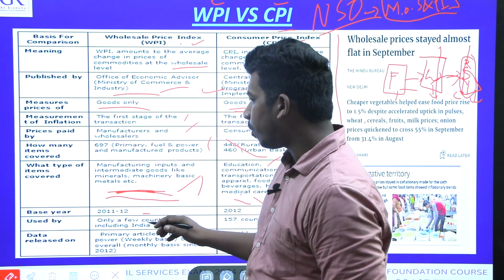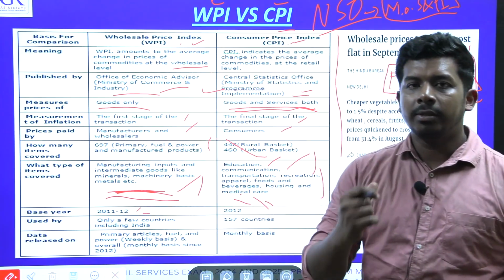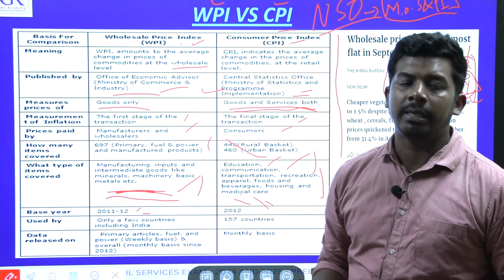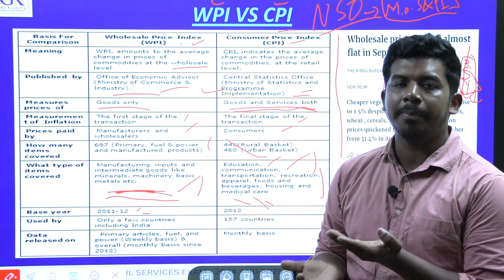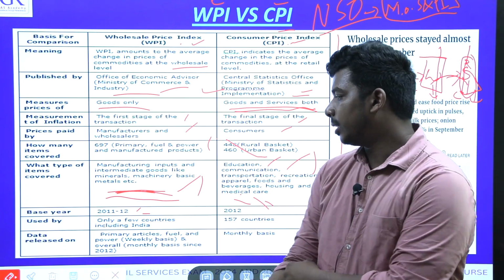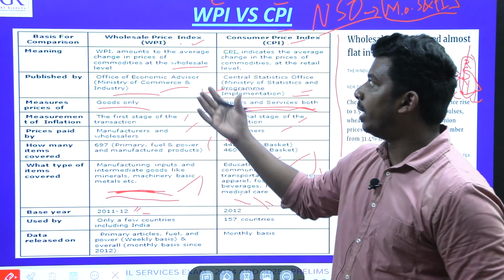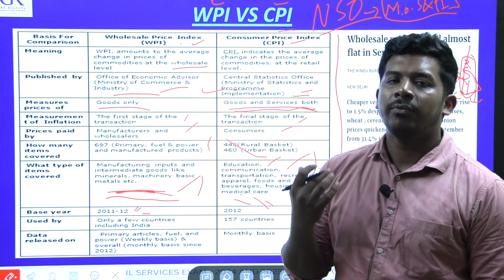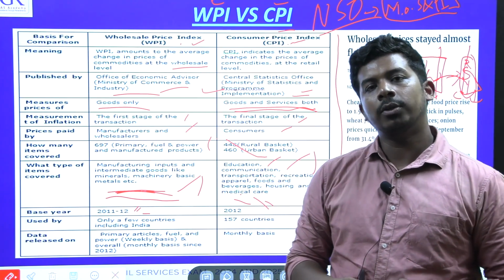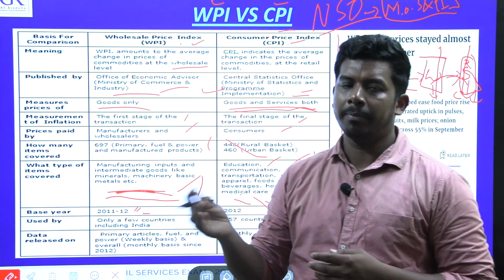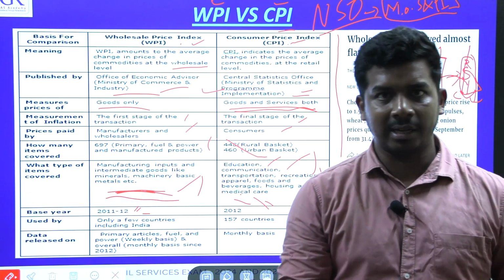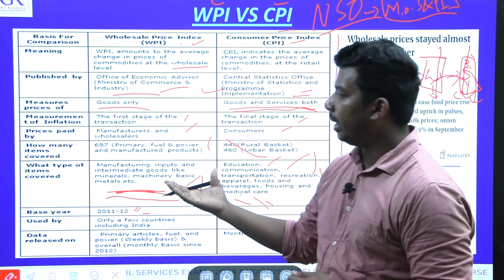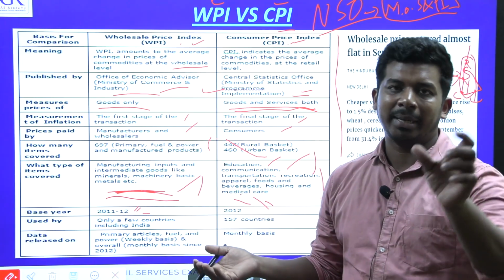Base year. You are saying prices increase, but you need some base year to say that prices increase or decrease. So this is called base year. Let's say this month a car is 4 lakhs. How do you say the price increased or not? Usually people in common parlance use the previous year as reference, but scientifically when we measure this, we use a particular year.